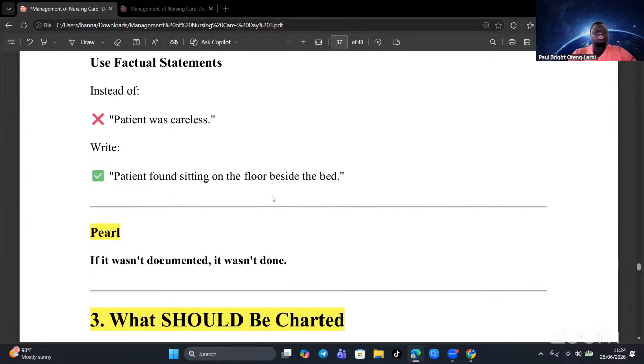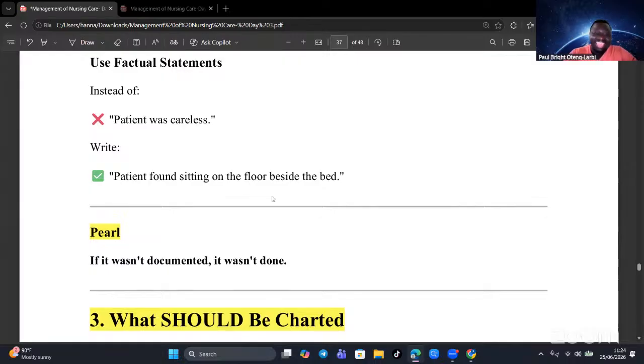Then you should also use factual statements. Instead of saying the patient was careless, say the patient was found sitting on the floor beside the bed during hourly rounding. We are not saying don't let patients fall. We are not saying incidents should not occur on the ward.